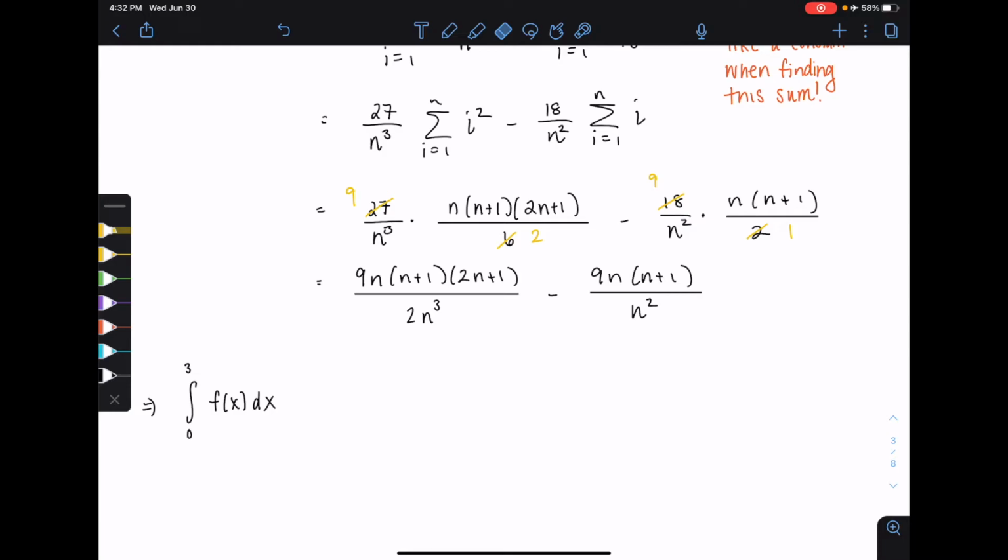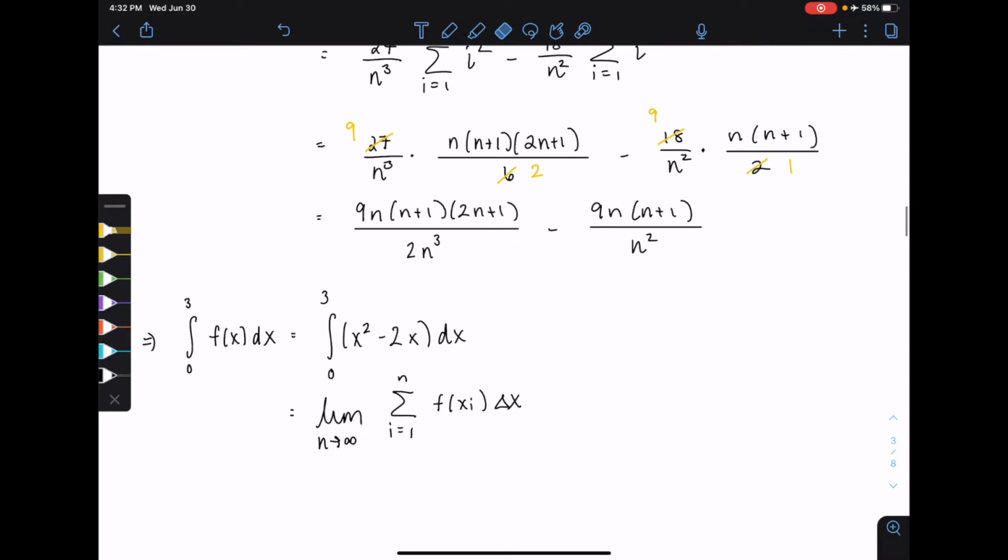So the integral from 0 to 3 of our function, which is the integral from 0 to 3 of x squared minus 2x dx, based on this limit definition, is the limit as n goes to infinity of the sum of those approximating rectangles. And we have now figured out a nice expression for those approximating rectangles.